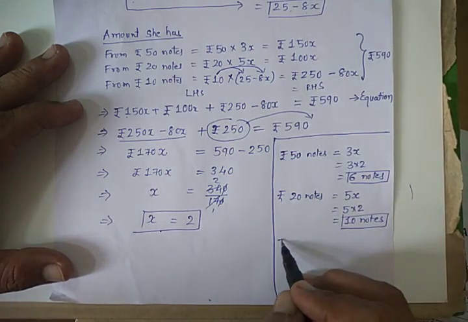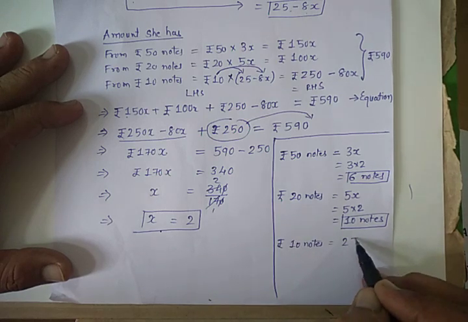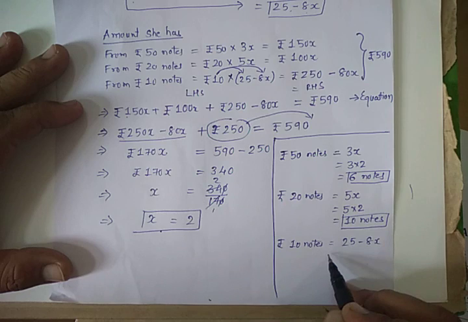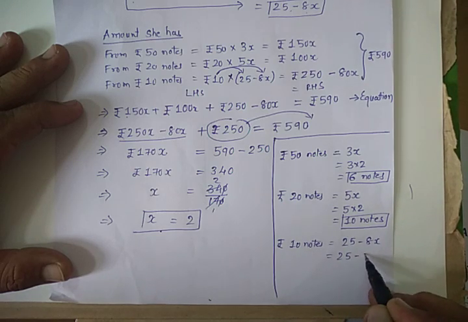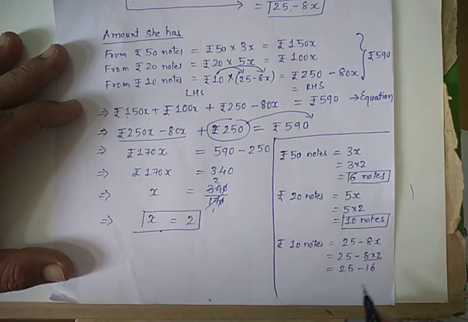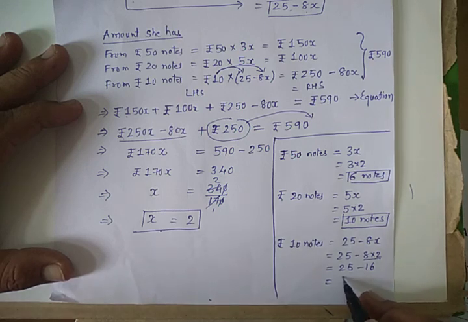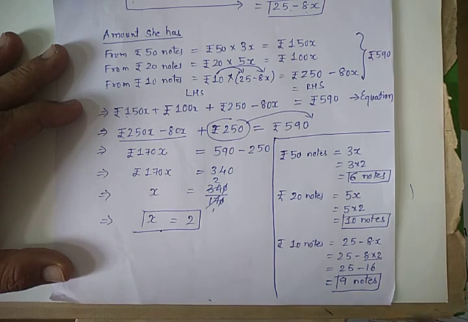And same way, rupees 10 currency notes, it was 25 minus 8x. So 25 minus 8 into 2. So first we multiply: 25 minus 16. That is 9 notes of rupees 10.